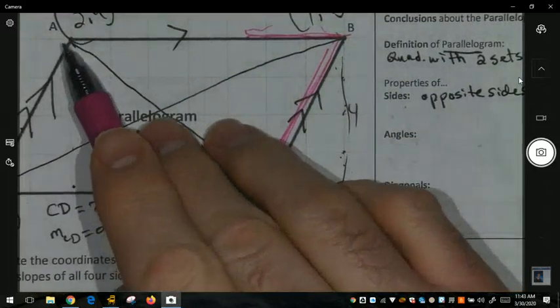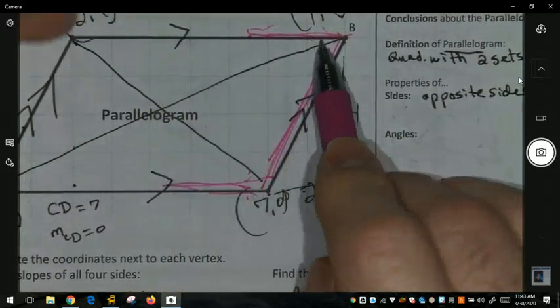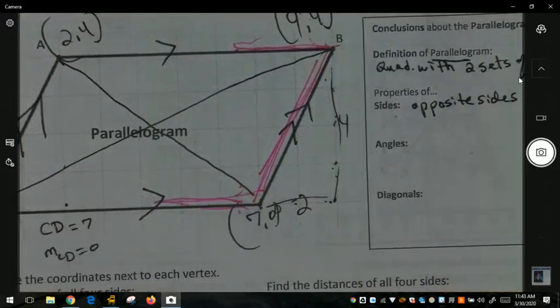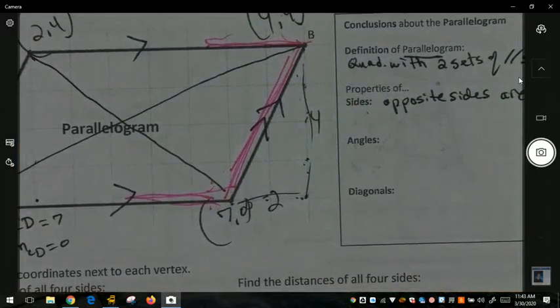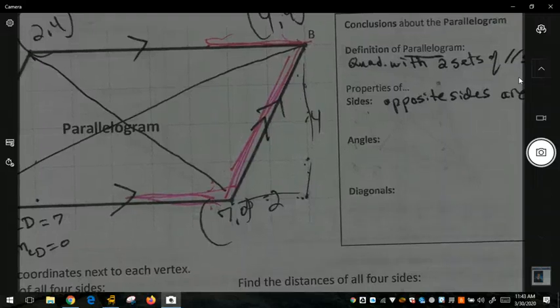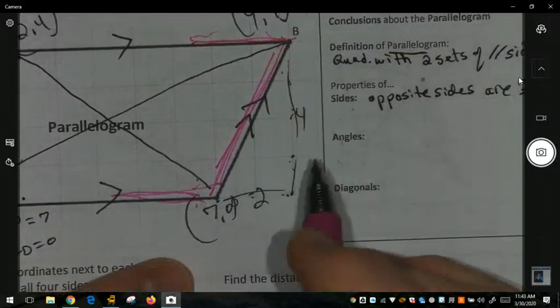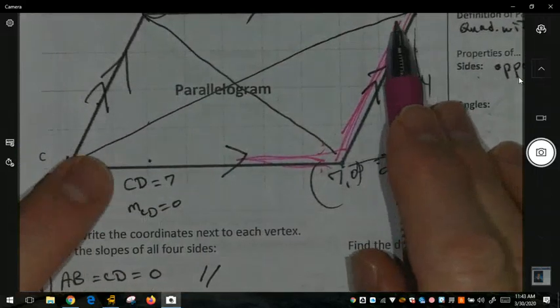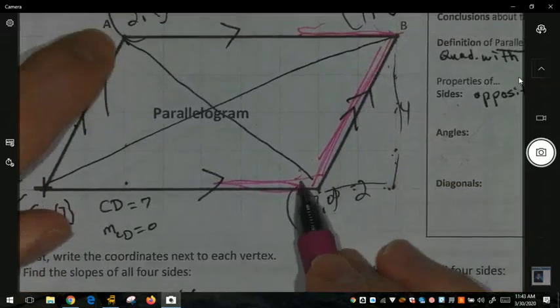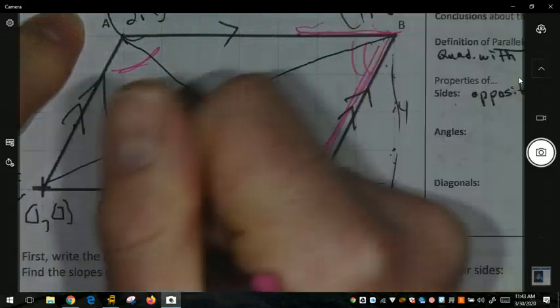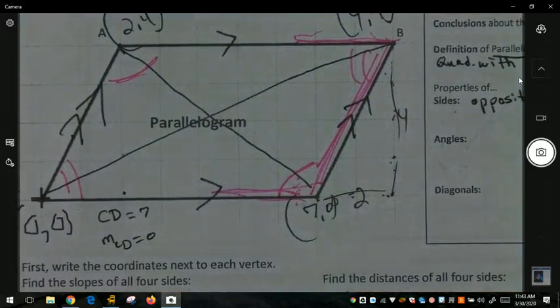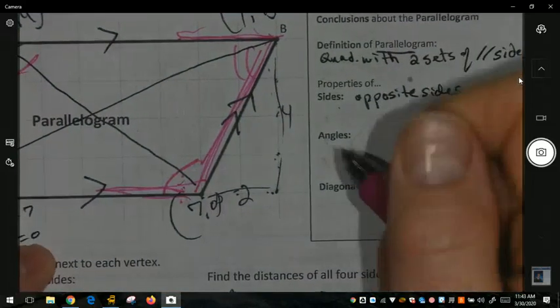Every consecutive, meaning in order. These two are supplementary, these two are supplementary. So every consecutive pair are supplementary, meaning that they add to 180. Also, the opposite sides will be congruent. These opposite angles, I mean. This angle will be congruent to this one will be congruent to this one. We could prove that, we may be proving that later.